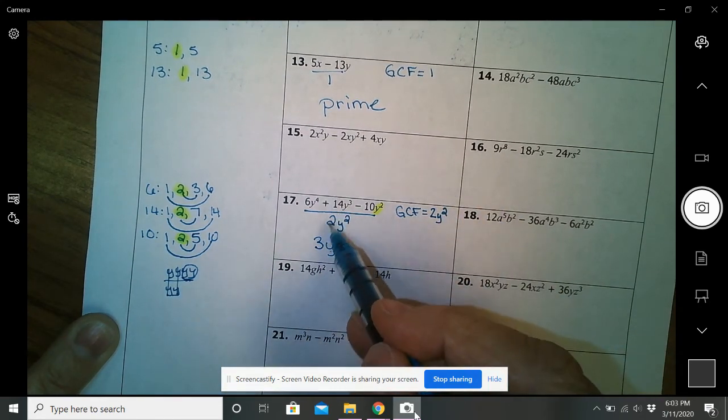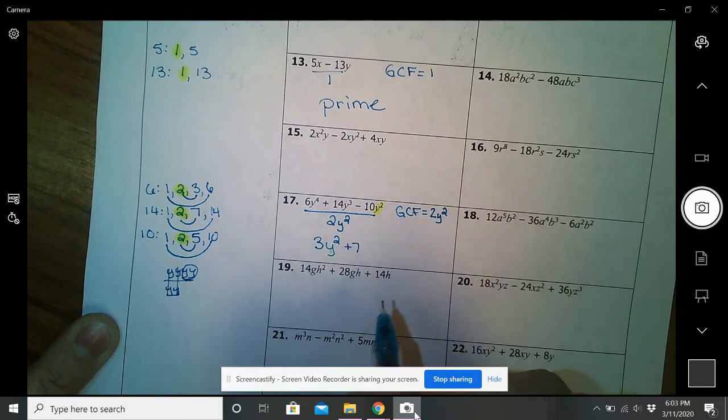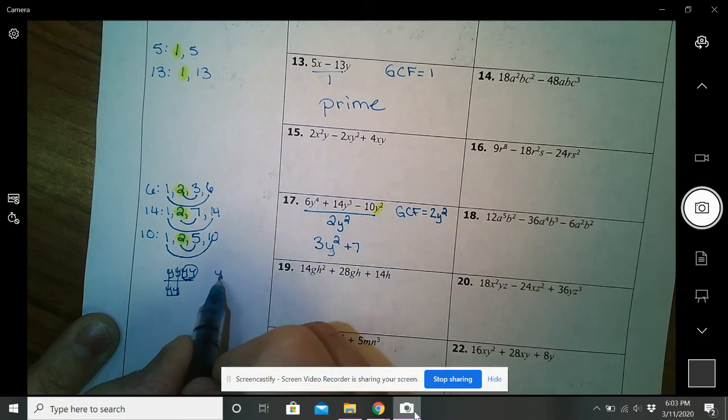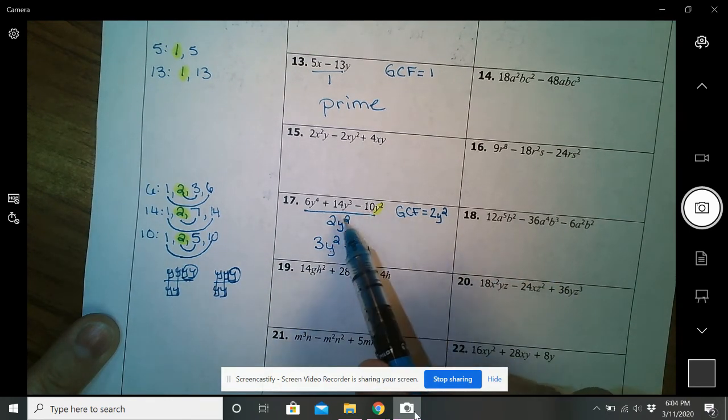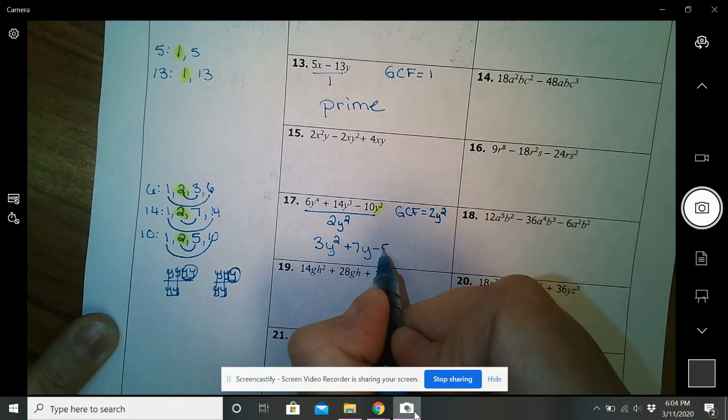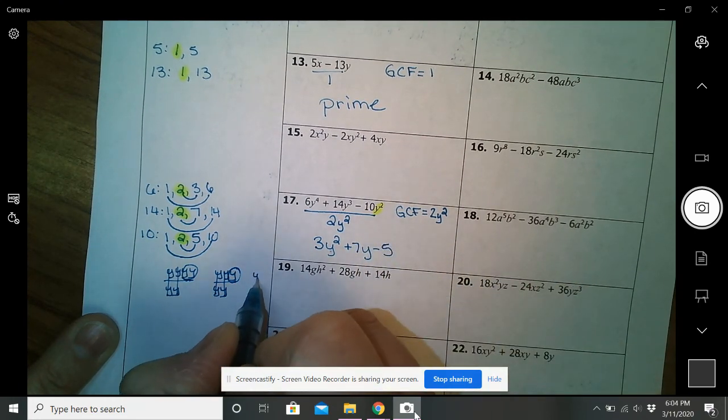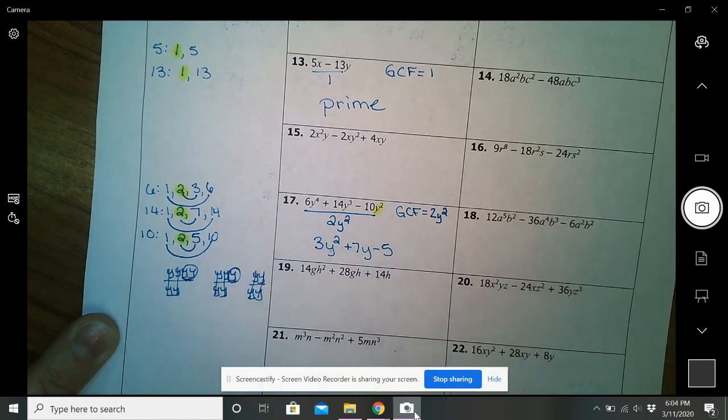Next term, 14 divided by 2 is 7. 3 y's on top, 2 y's on bottom, 2 of them cancel out, 1 remains. So this 7 has a y attached to it. Last term, negative 10 divided by 2 is negative 5. 2 y's on top and 2 y's on bottom, everything cancels out, so there are no y's left in that division.